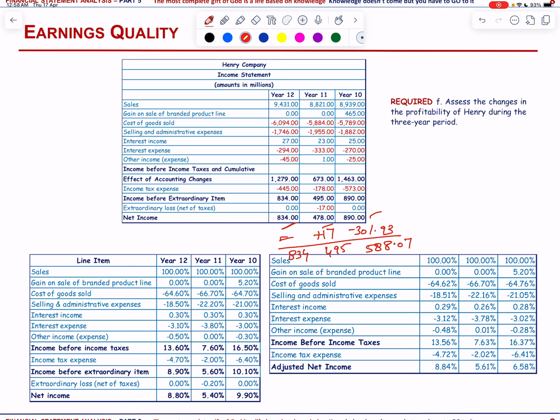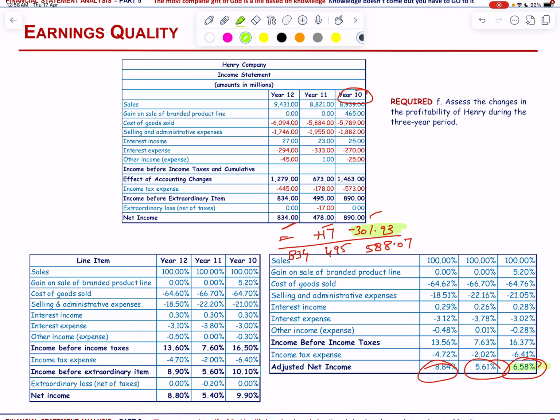And if you can remember, we have calculated these percentages as 6.58, 5.61, and 8.84% respectively. So when adjusting for unusual items in the year 10, profitability is close to 6.6. You can see over here, it is 6.6, indicating the reported margin was inflated by the asset sale, as we have shown before.